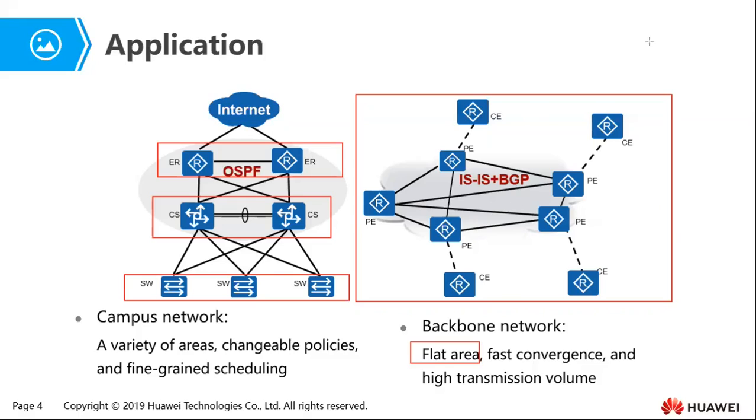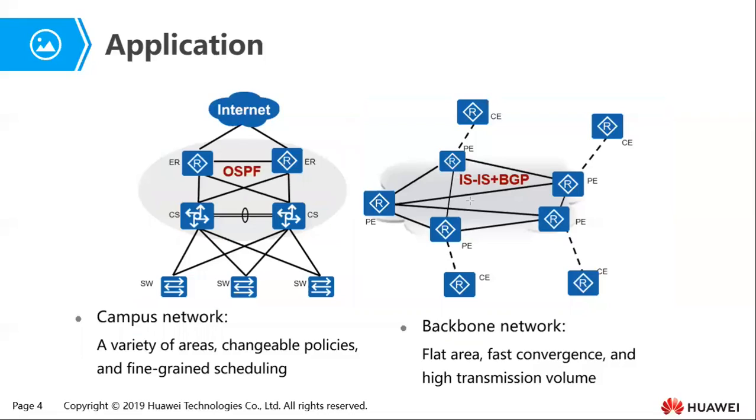Now, the other requirement on an ISP network, because it supports a greater number of users who need to access the internet all the time, is fast convergence. Fast convergence because it supports high transmission volumes.